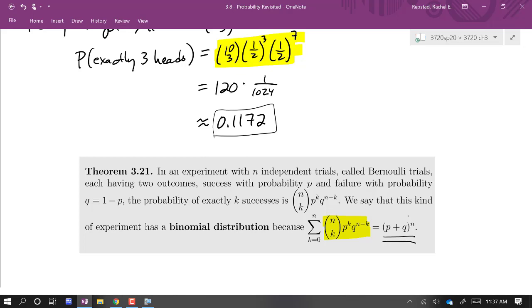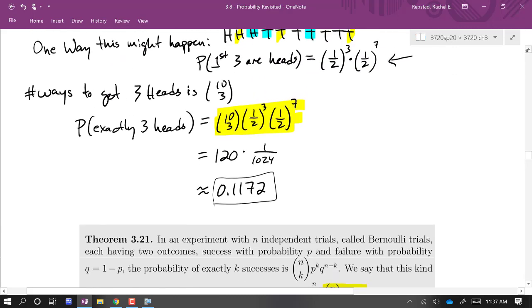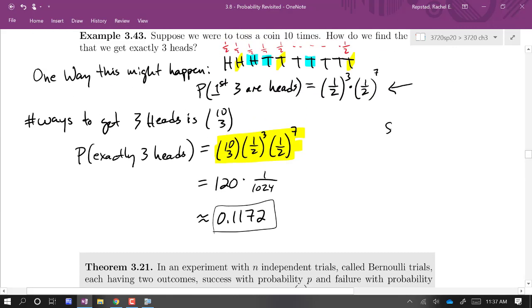So using the language of theorem 3.21, in this example, we would say that a success would be getting heads and failure is tails. In this case, P is always the probability of success. So P is equal to 1/2, and Q is always the probability of failure.